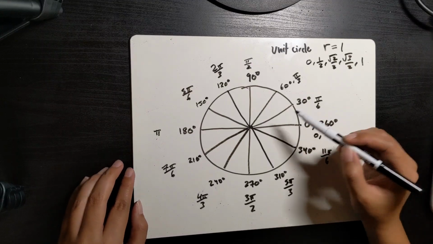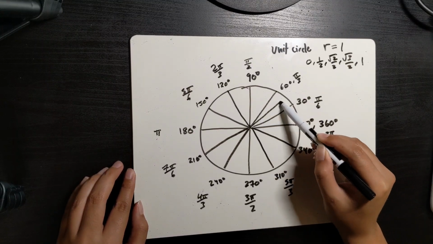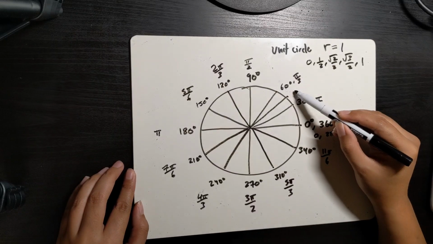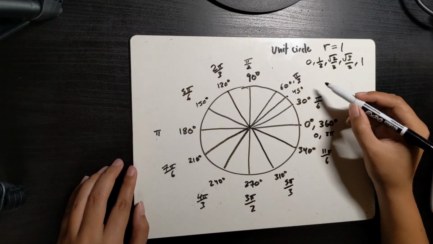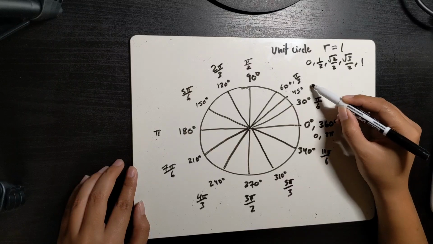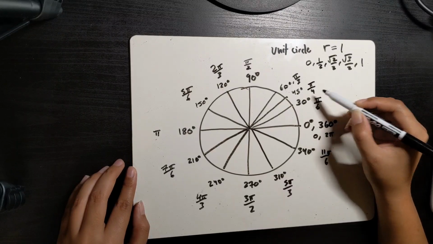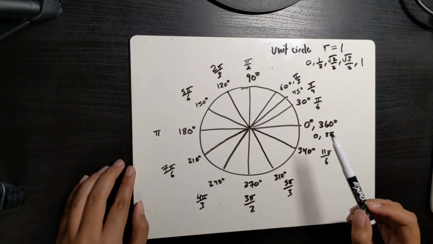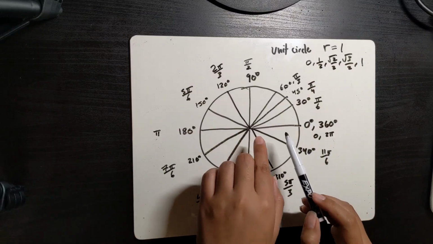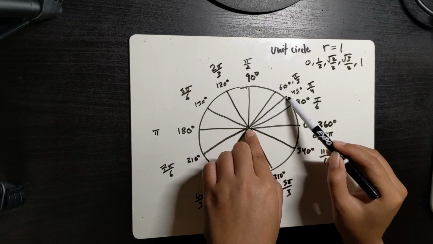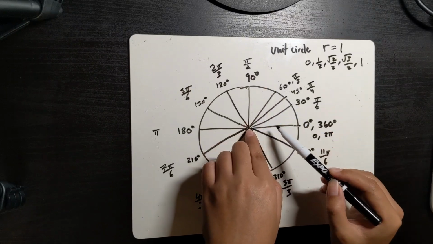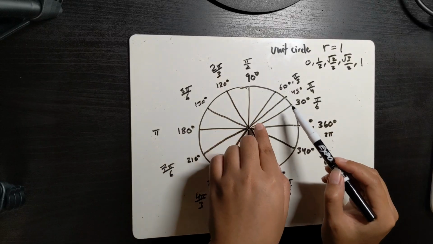Now, we're going to move on and add the 45 degrees. And 45 degrees is just pi over 4. And if we want to get to here, since this is just equal to this piece, we add another 45, we get to 90 degrees.